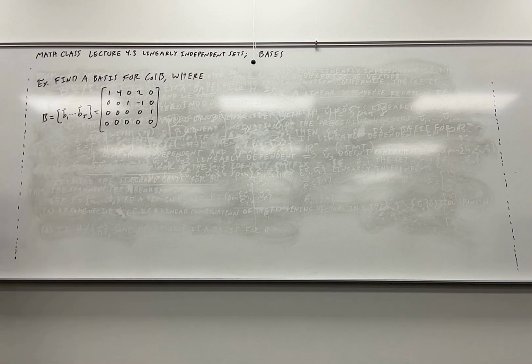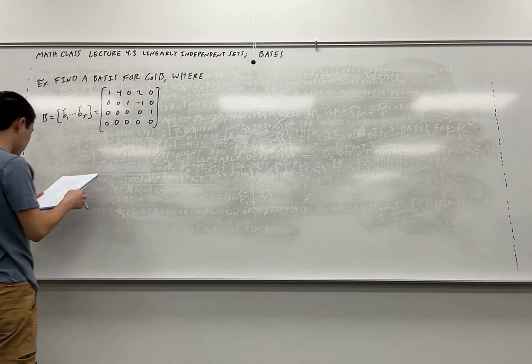So you can already see that's a reduced row echelon form.